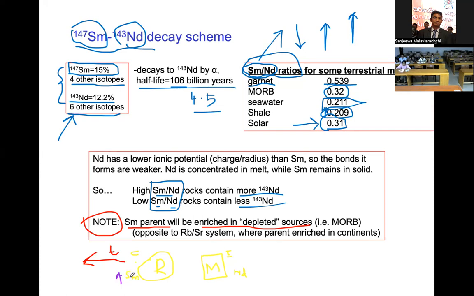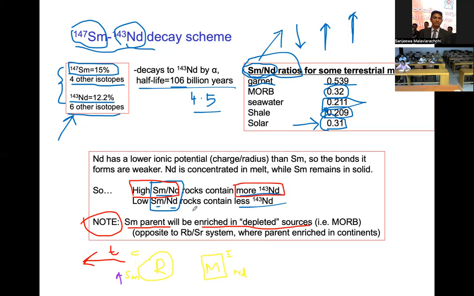Since you have a lot of samarium, you will definitely have high samarium neodymium ratios, and it will definitely result in more neodymium isotopes, right? So more daughter products.